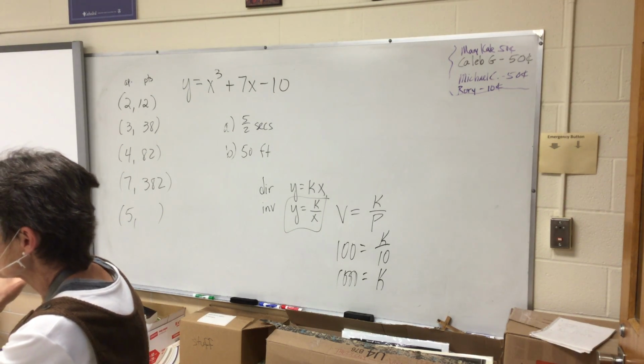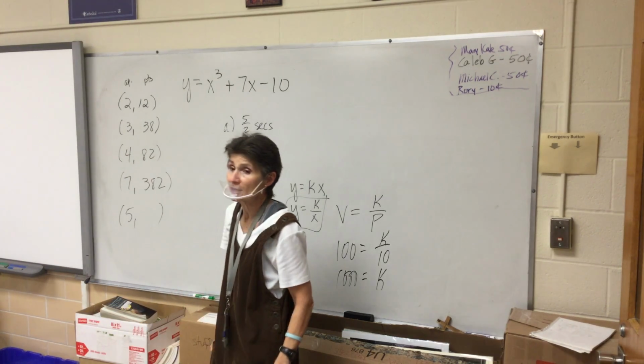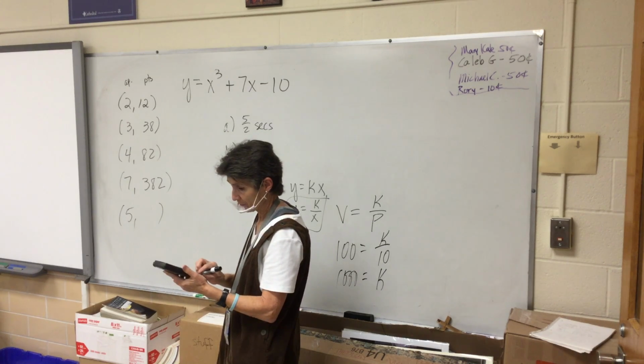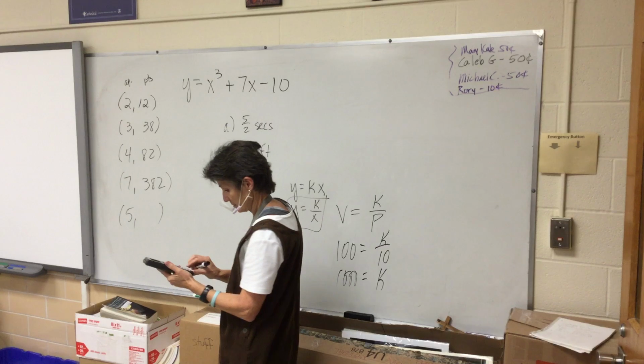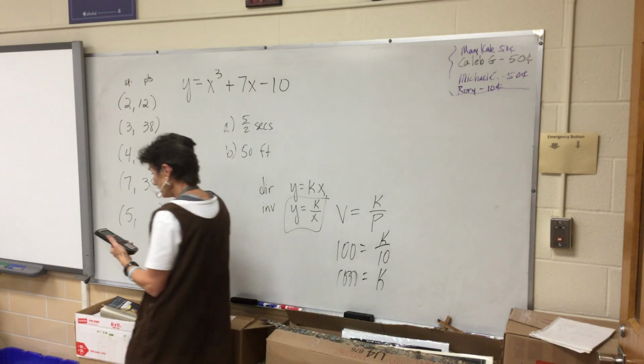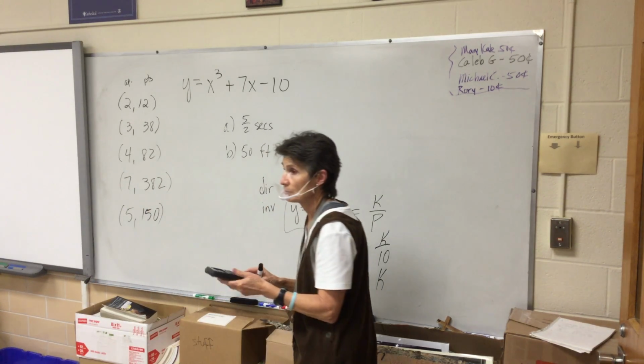There's your equation. So how are you going to find out how many points he loses if he does 5 apostrophes? You're just going to plug in 5. And I think it's 150. Is that right?